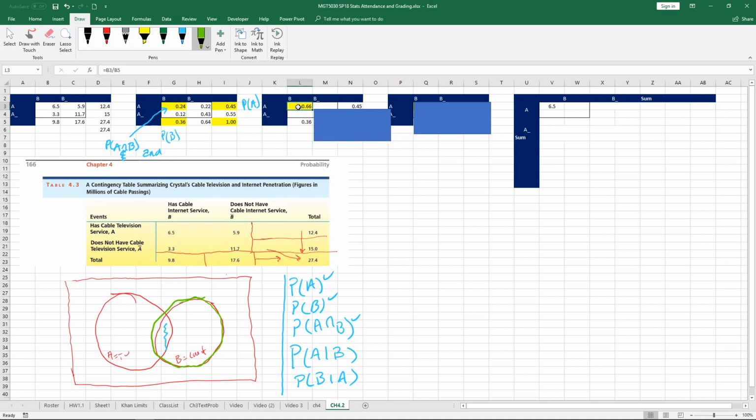What I'm trying to find out now is not just the intercept, but A given B. And to do that, we're going to take B3, which I just explained, here's column B, and 3 is the intersect, divided by the total of B, right? Probability of A given B. So it's going to be 6.5 over 9.8. That's what that number is. It's going to come out to be 0.66. So what we just calculated there is now our P(A|B).